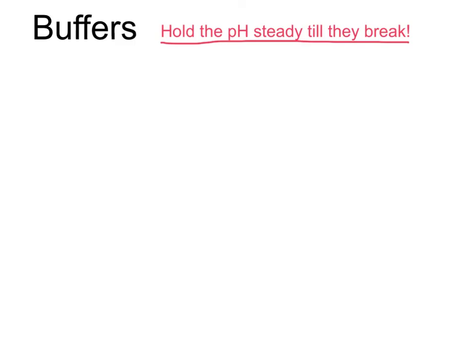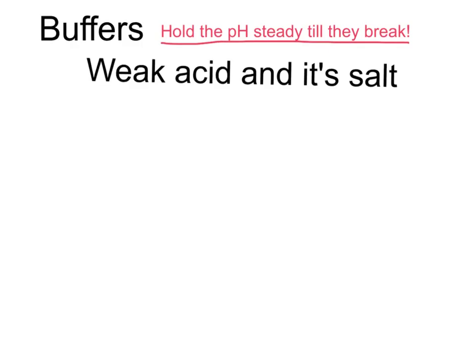So, what is a buffer? Well, a buffer is a weak acid or a weak base, and its salt. What we're worried about here is the weak acid is going to neutralize any base that's added up to the point where it will break.